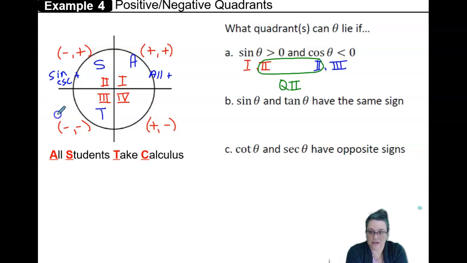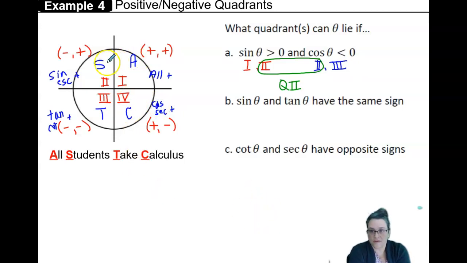So the tangent and its reciprocal cotangent are positive in quadrant 3. And then the C is in quadrant 4, and C stands for cosine. So the cosine and its reciprocal, which is secant, are positive in quadrant 4, and everything else is negative.